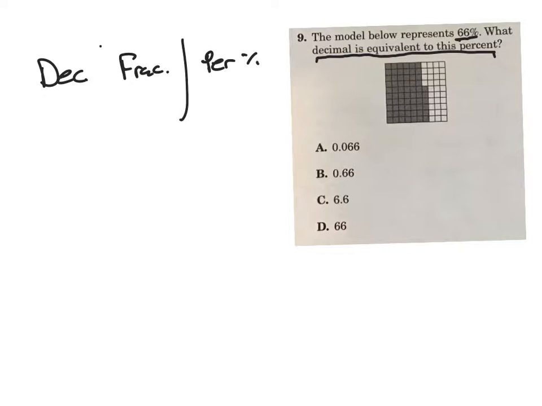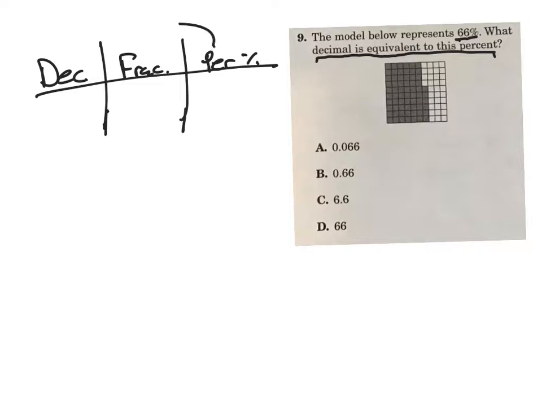All right, on this one, it asks what would be the same if I have 66%, what is the decimal equivalent to this percent? So I'm going to set it up as a decimal, a fraction, and a percent. Okay, there we go.